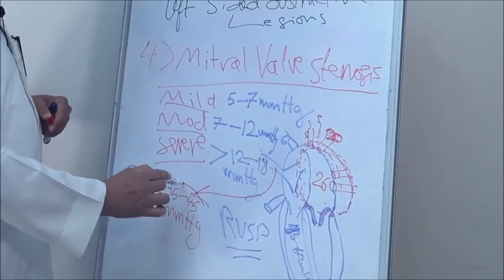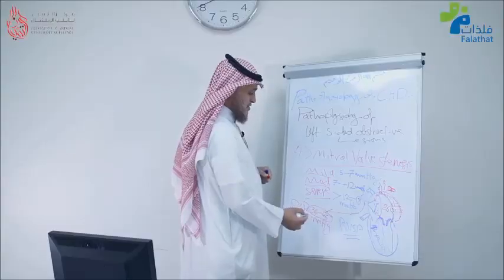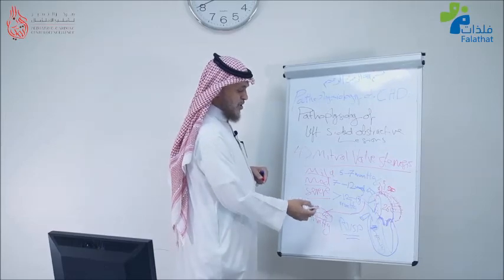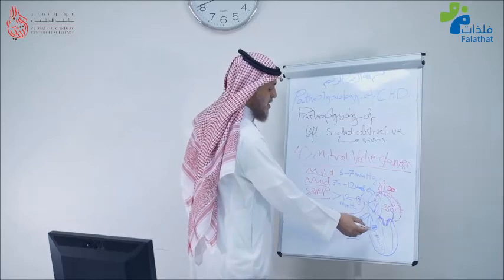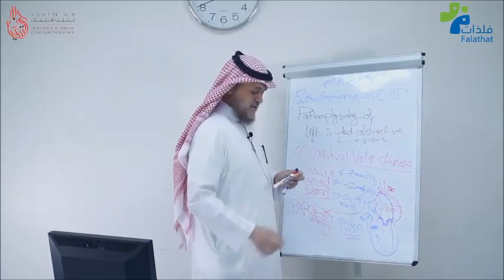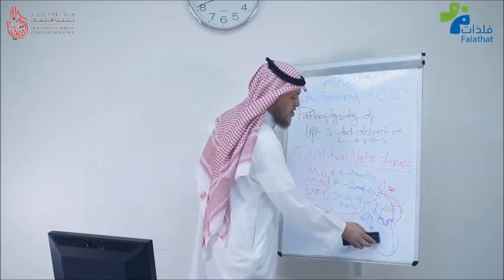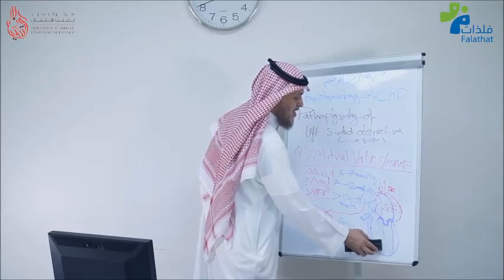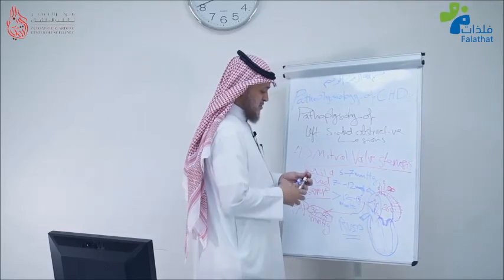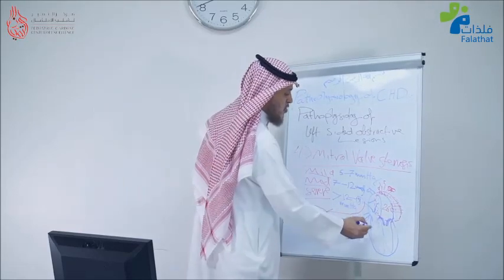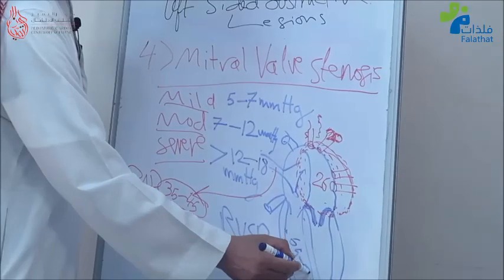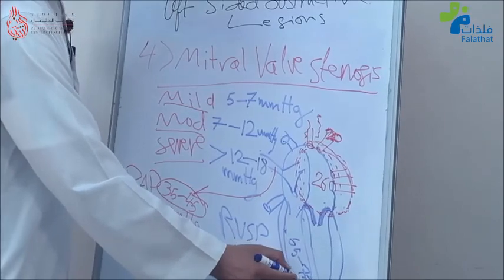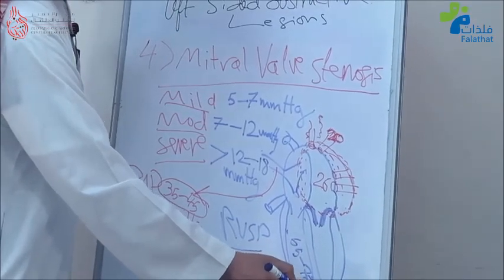Now we're heading into the severe area, because if we add 20 millimeters of mercury to give a systolic pressure, we will have an RV systolic pressure of much more than 55 to 60. At least around 65 to 75 millimeters of mercury.